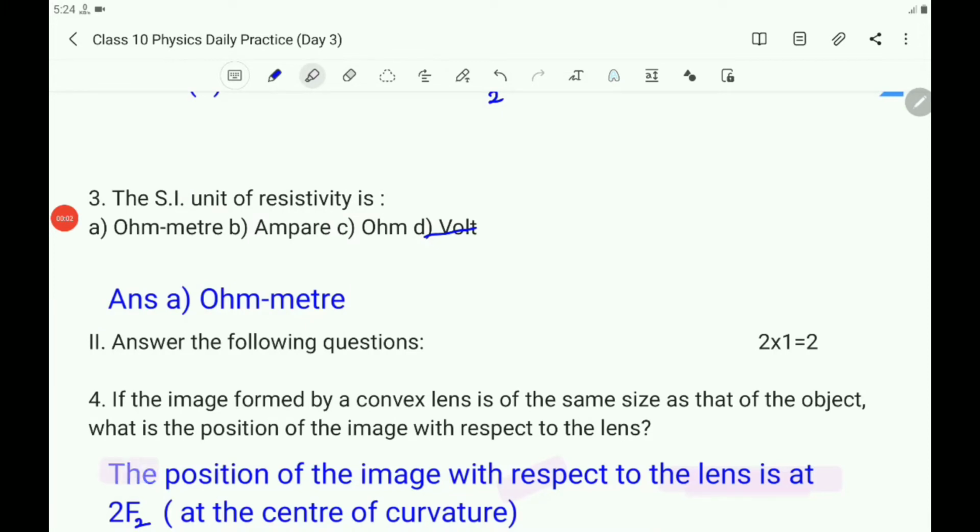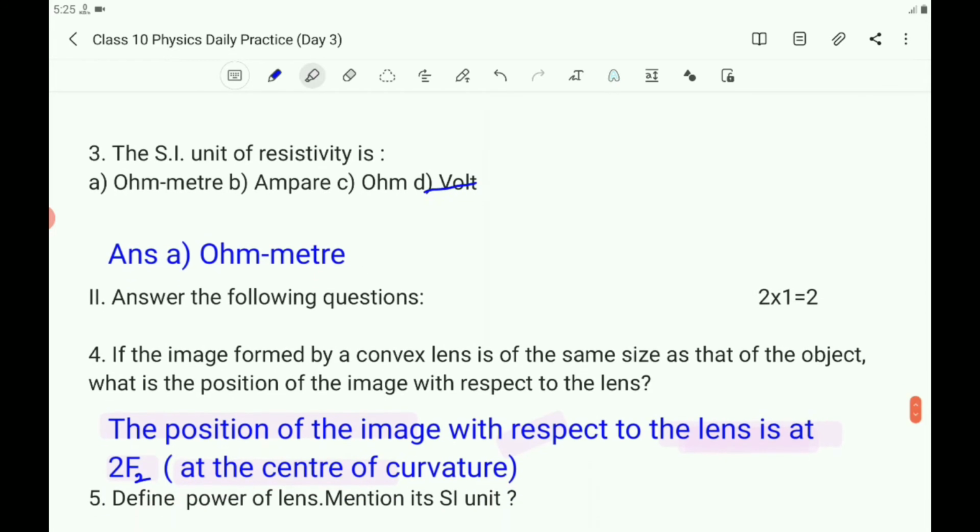So you write that the position of the image with respect to the lens is at 2F2, that is at the center of curvature. When the object is at 2F1, the image forms at 2F2 with the same size as that of the object. Then you take the next question.